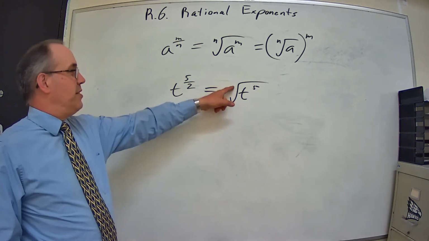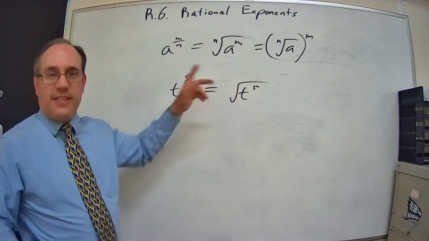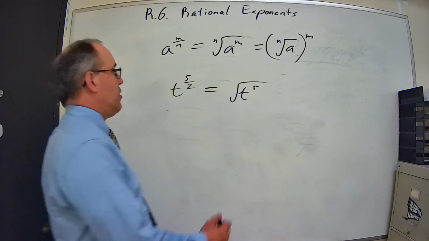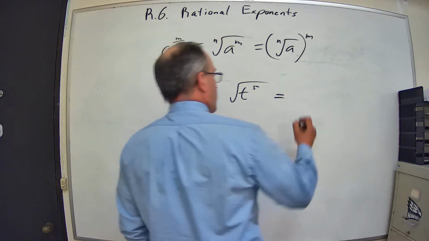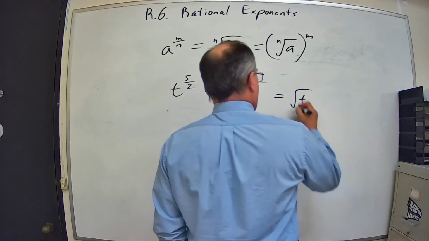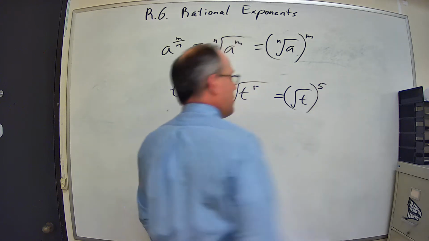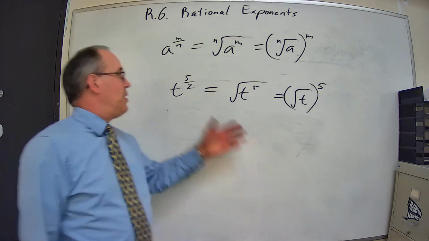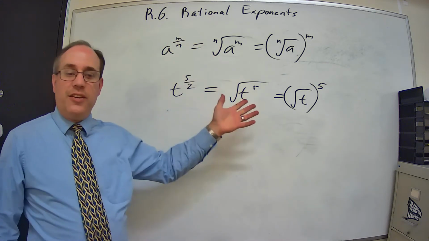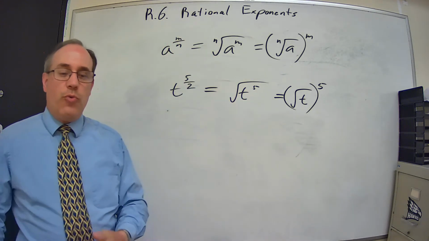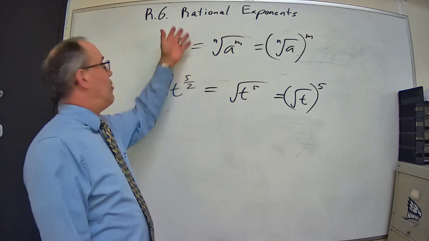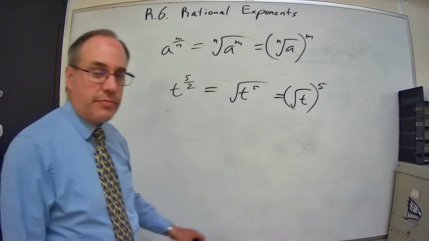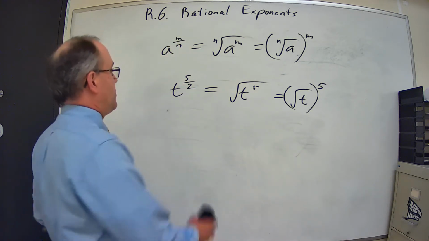Because when you have the square root, that index is 2, it's assumed. Or we can say the square root of t, raised to the 5th. So that can be really handy to us when we're dealing with rational expressions. Let's take a look at one and see.